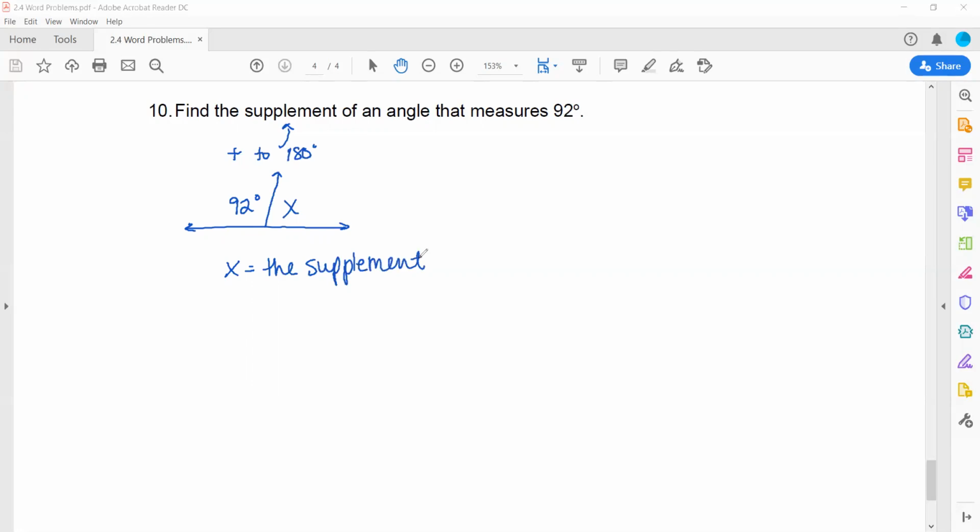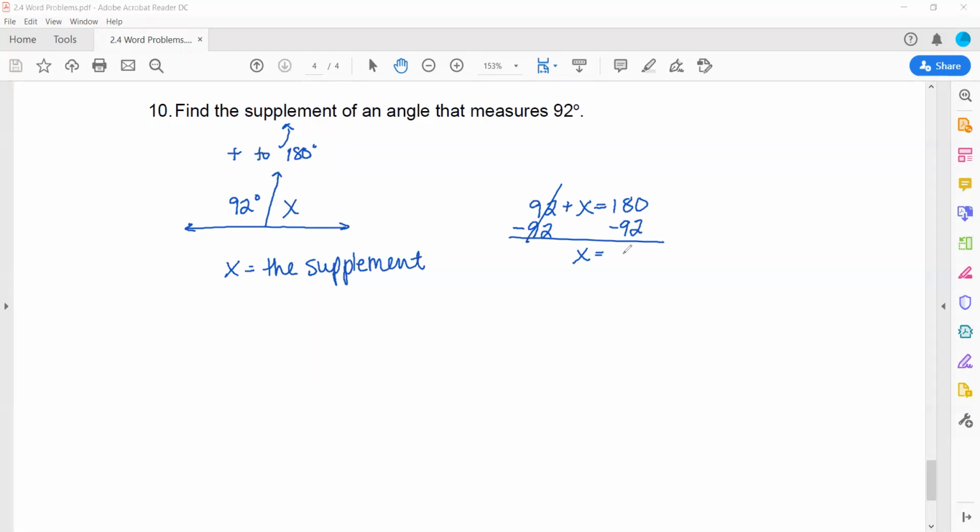All right, so again, we know that these two angles should add up to 180. So 92 plus X equals 180, or X plus 92. And then solving this, let's subtract 92. And so X is going to be equal to, subtract 90, you get 90.